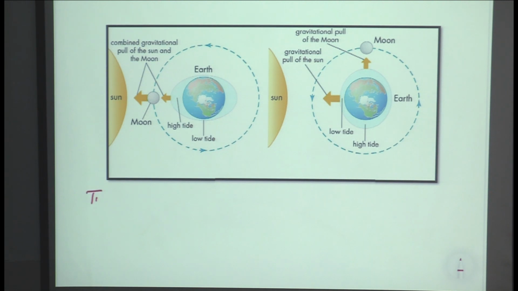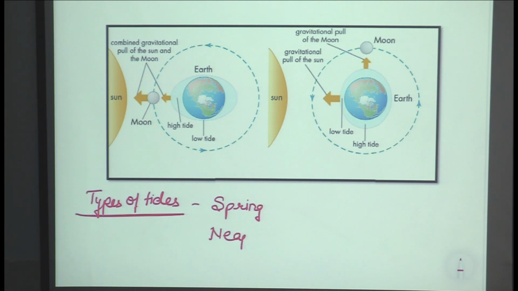When we talk about types of tide, we essentially distinguish between spring tide and neap tide. Now if you try to see the demarcation between spring and neap tide, we are picking up position of sun, earth and moon. So taking this diagram one by one, I just want to create my own diagram.